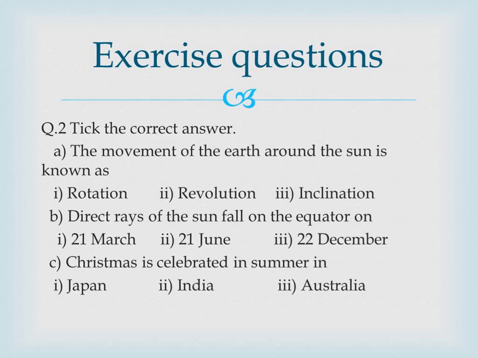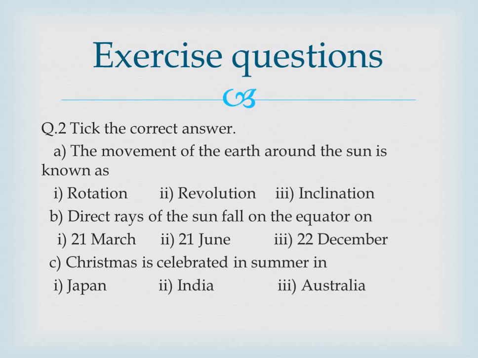On the equator, as we discussed, that is the position of equinox. So see the dates: 21st March, 21st June, 22nd December. The answer is 21st March. And 21st June is the summer solstice position, 22nd December is the winter solstice position.